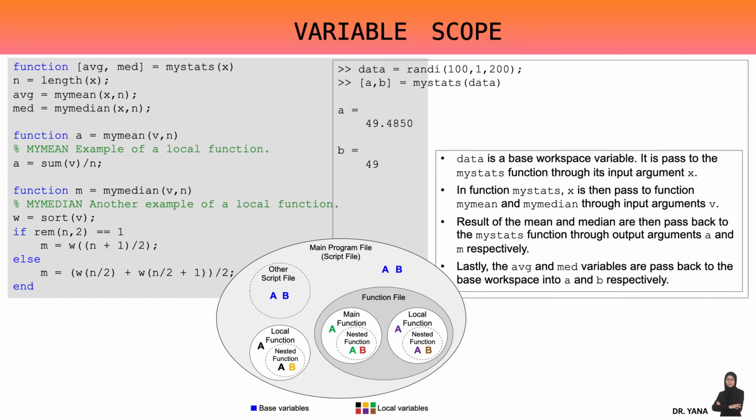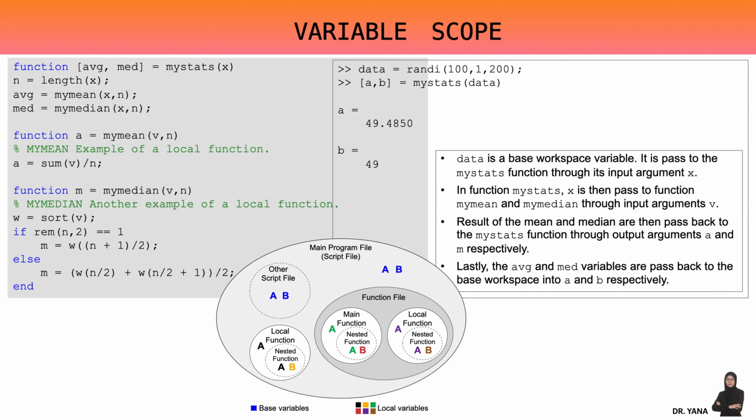After that, the results of the mean and median will be passed back to the MyStat function through the output arguments a and m. Now we are going to pass the variables from the main function to the main program, which is in the command window, using the a and b arguments.